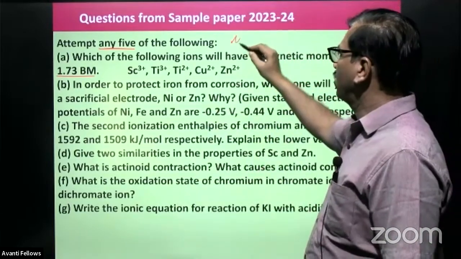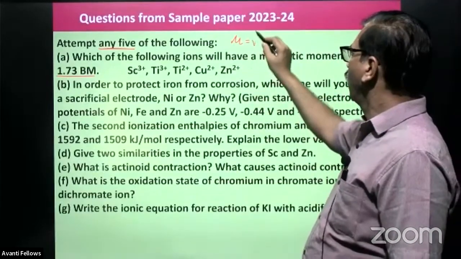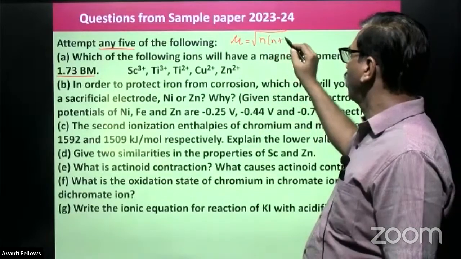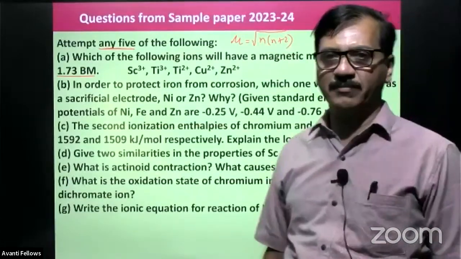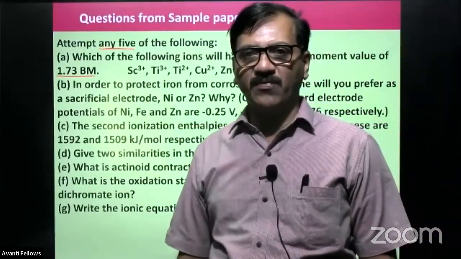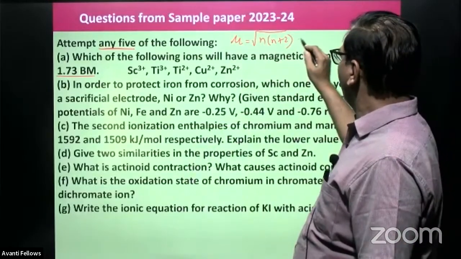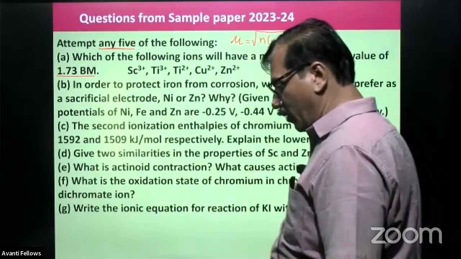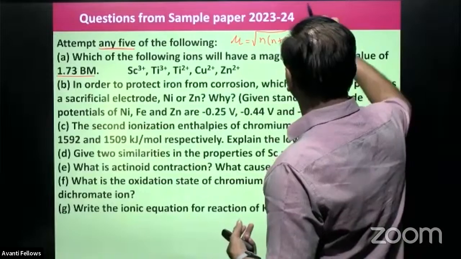Magnetic moment is found by the formula root of n(n+2), where n is the number of unpaired electrons. Suppose this value is 1.73, as given. What should be the value of n?